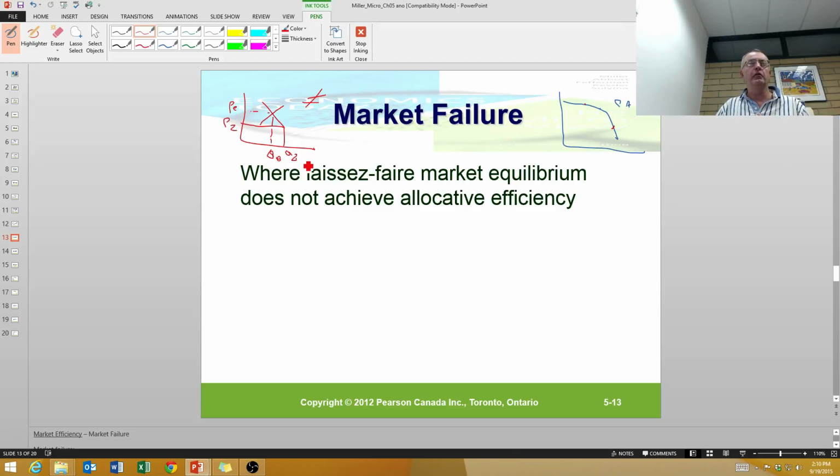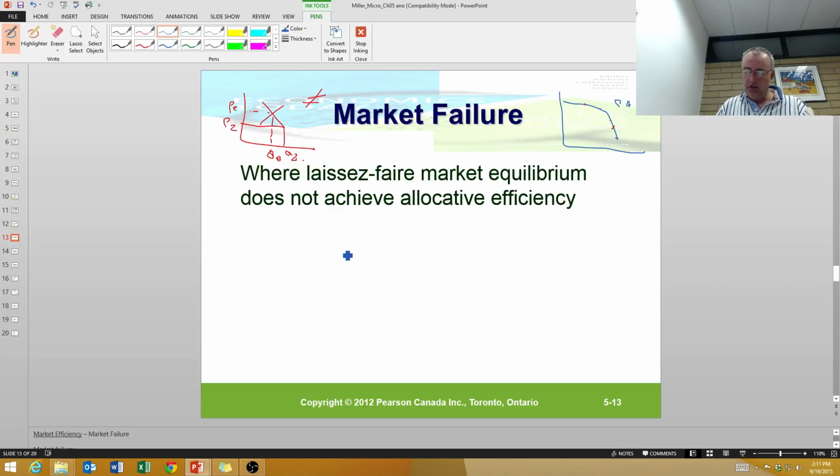So we're not in equilibrium, and therefore we end up at a different point on the production possibilities curve. So we're at a point of non-allocative efficiency.